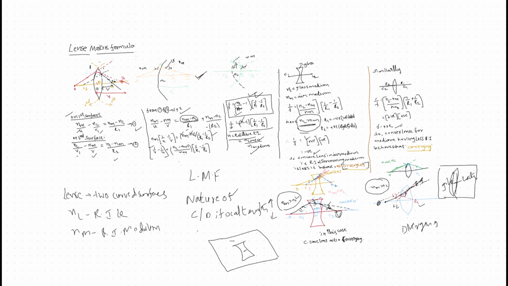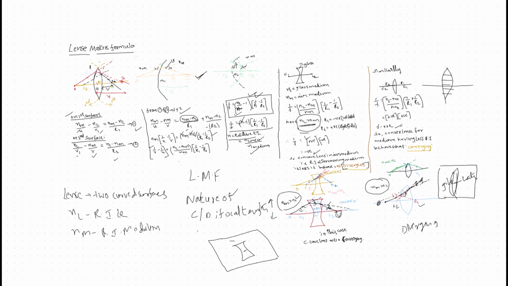One more concept about the nature of the lens. See, if you take a convex lens in air medium and cut it into pieces like this, now this is the base.